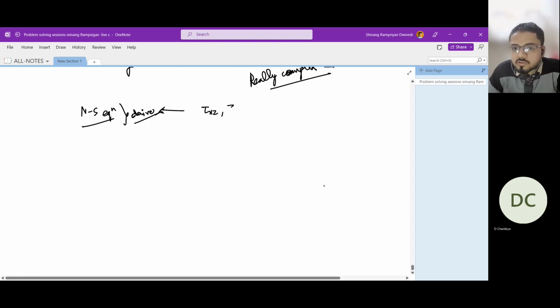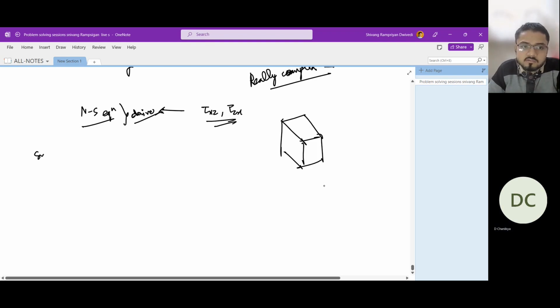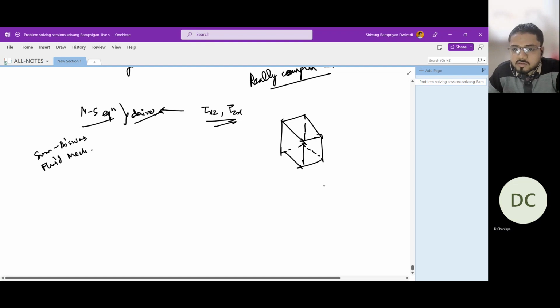I can give you a hint of the proof if you want, or you can just refer to one book by Som and Biswas, which you might have heard about in fluid mechanics. What you do is that you take a differential cube, a little volume, which might be delta x, delta y, and delta z, and you calculate the stresses at each of these faces.